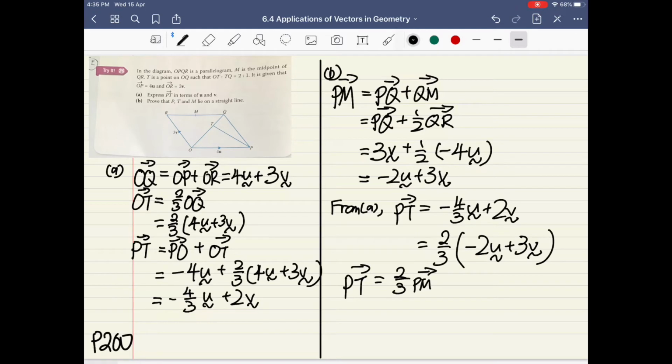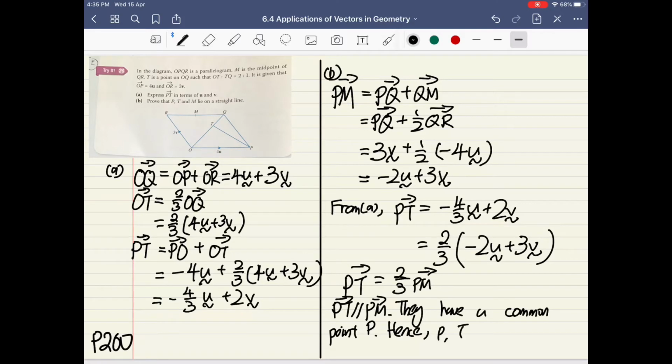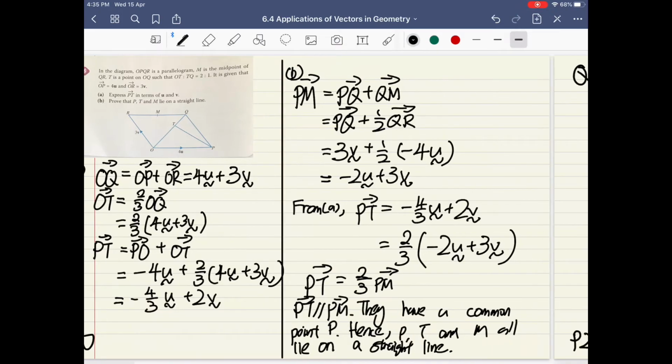Hence, I can conclude that PT is equal to 2/3 of the vector PM. So in this case, the PT vector is parallel to PM. They have a common point P. So hence, P, T, and M all lie on the same straight line.